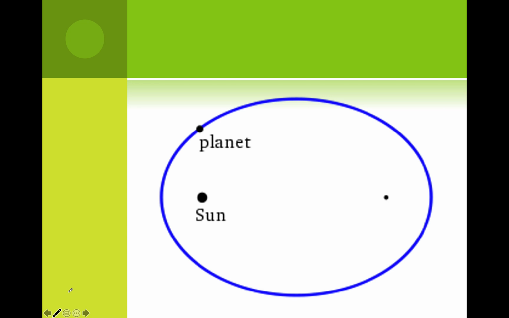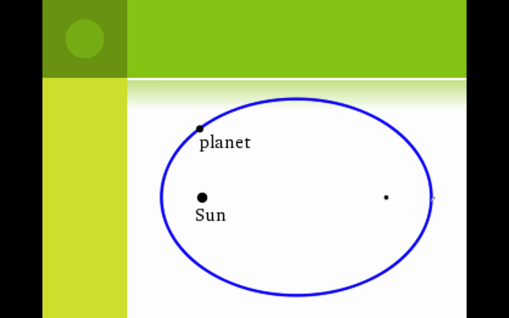Anyway, the sun is one of the foci, and the planets orbit the sun, and that is why in Earth's path around the sun, there are times of the year where we are slightly closer to the sun, right? This is an exaggerated image. We do not get this close to the sun and this far away from the sun.